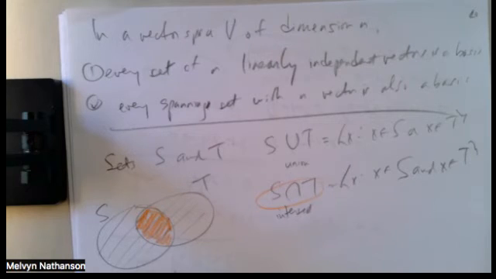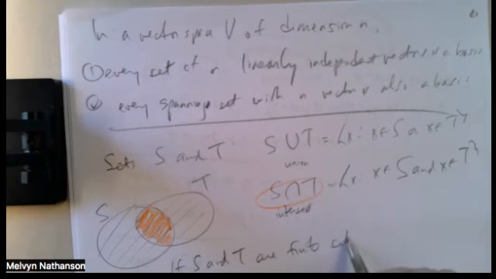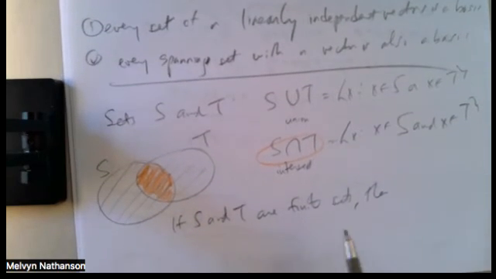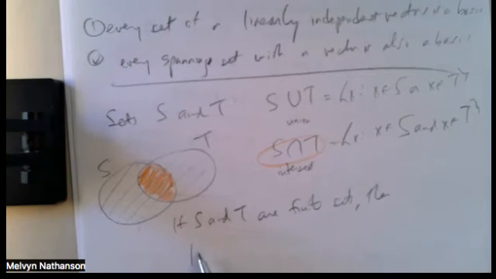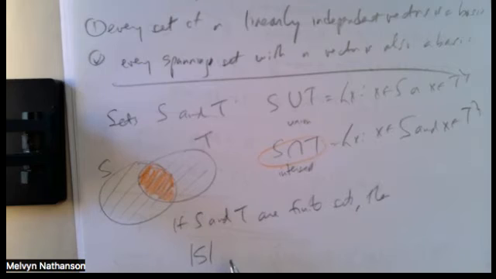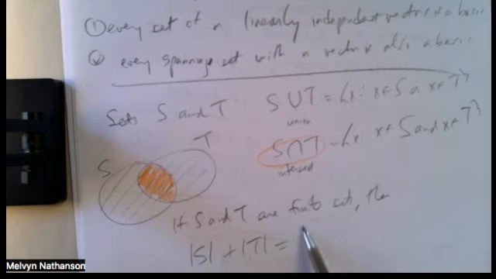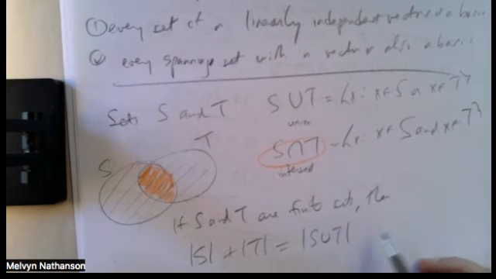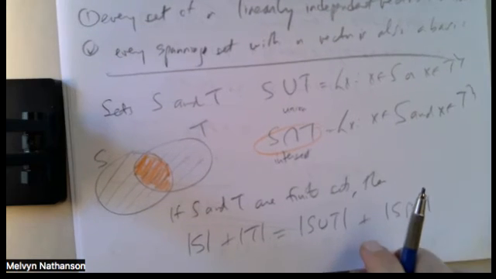And if the sets S and T are finite, then if we write absolute value signs around a set to mean the number of elements in the set, the number of elements in S plus the number of elements in T is equal to the number of elements in the union of S and T plus the number of elements in the intersection.